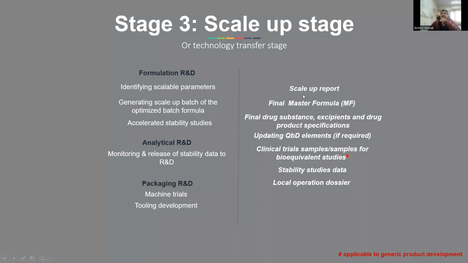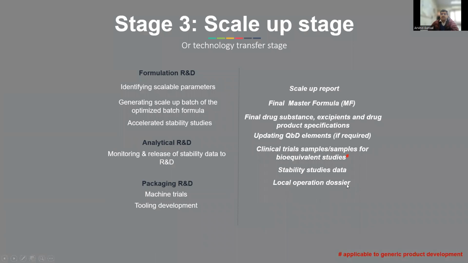So the outcome would be the scale-up report, final master formula, final drug substance, excipient and drug product specifications, updating the QBD elements if required, generation of the clinical trial samples or the samples for the bioequivalence studies, stability studies data, and generation of a very important document that is called as the local operation dossier.